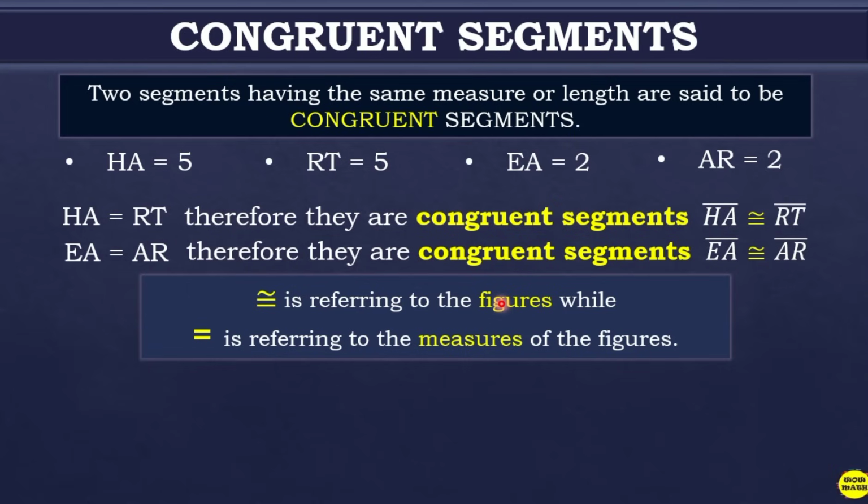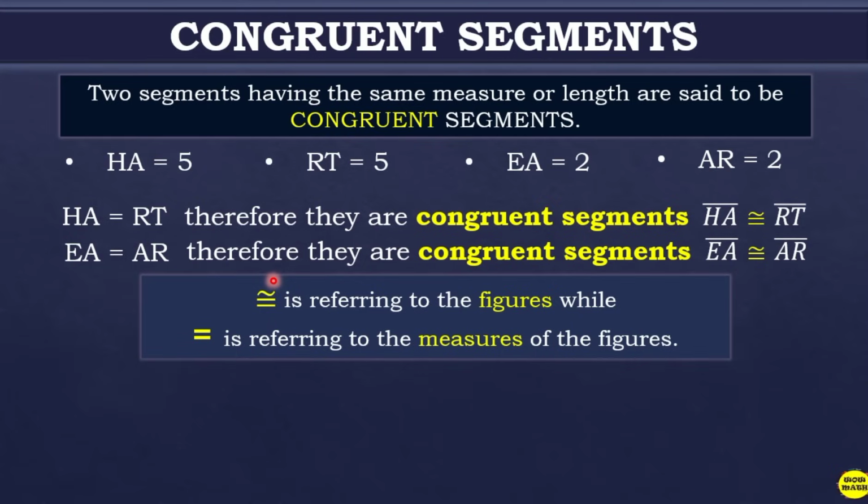Ang congruent hindi siya nagsusukat. Ang equal sign, ang kinukuha niya ay measures ng figures. Kapag equal na sila, then we can say that they are congruent.